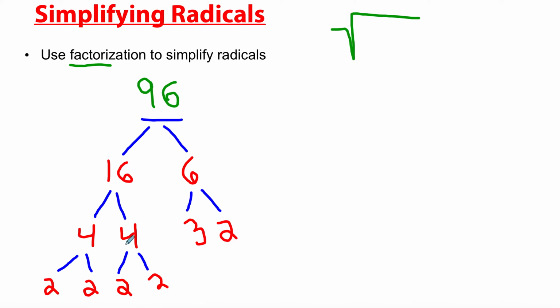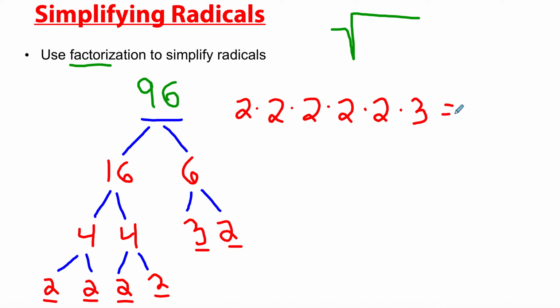Now what does this actually mean now that we're done with this factor tree? Well, what it means is that I could rewrite 96 as a combination of all of these factors down here, as a multiplication of all of these factors. In other words, these are the simplest factors of 96, so I'm going to write all the 2's together and all the 3's together. So we have 1, 2, 3, 4, 5 2's, times 3, and that is the same as 96.